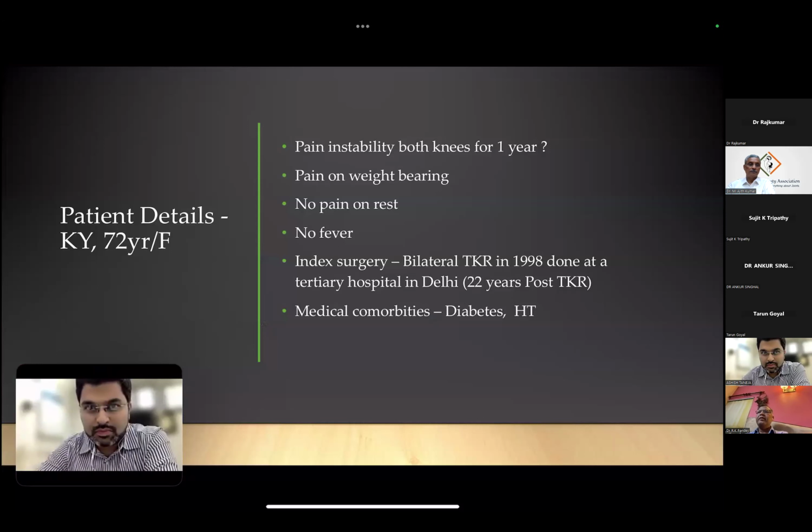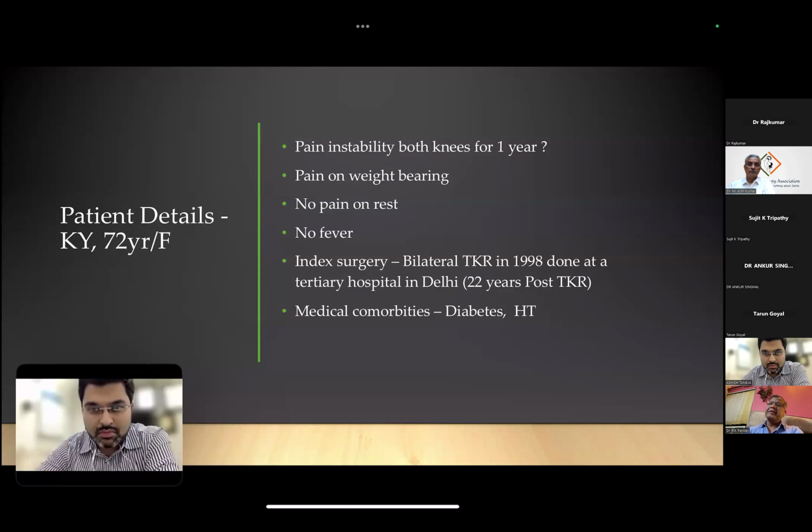A 72-year-old female, and she was having pain and instability in both knees for 1 year, pain on weight bearing, no pain at rest. There is no history of fever. Index surgery was done 22 years back.